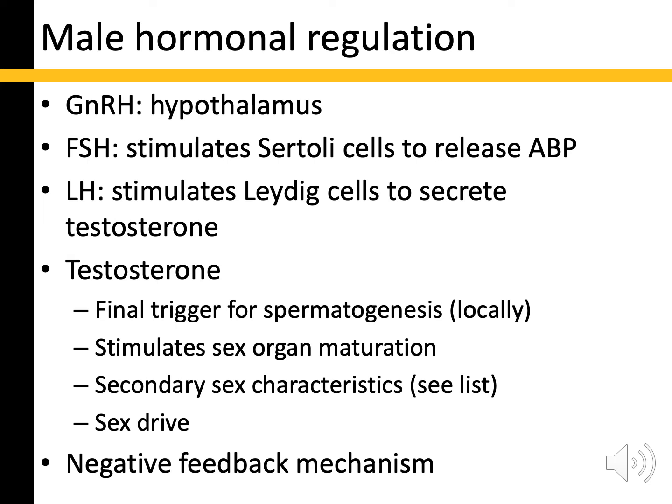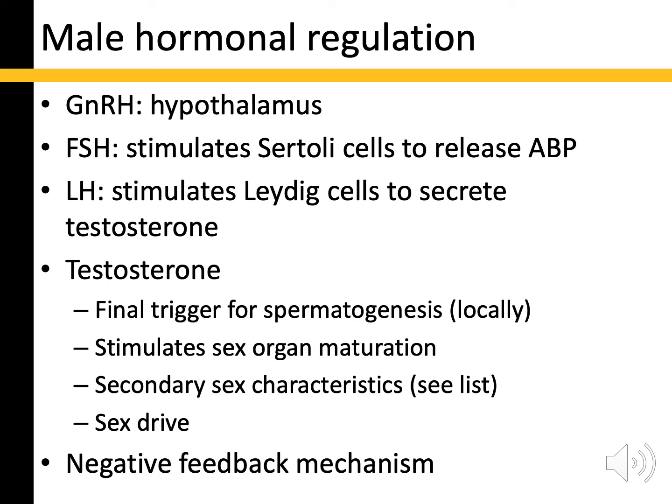And this is all through the hypothalamic pituitary gonadal axis, or the HPG, which we'll see again when we get to the females because it's very similar to this. But the hypothalamus releases gonadotropin releasing hormone, or GnRH, and that stimulates the anterior pituitary to release FSH, follicle stimulating hormone, and LH, luteinizing hormone.